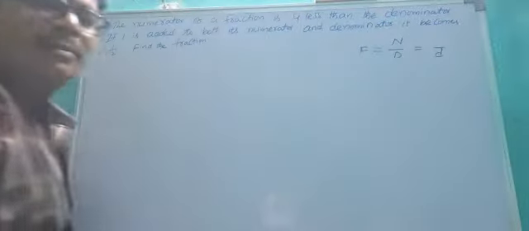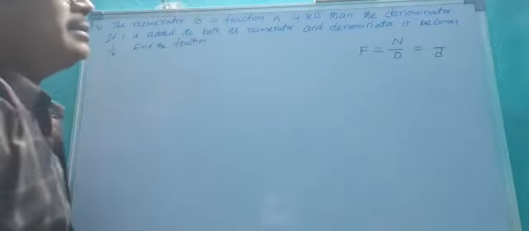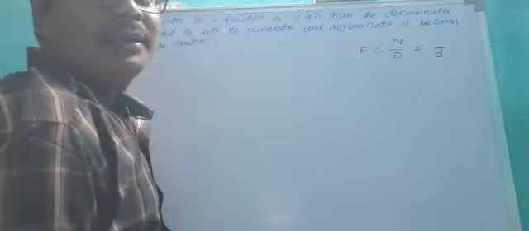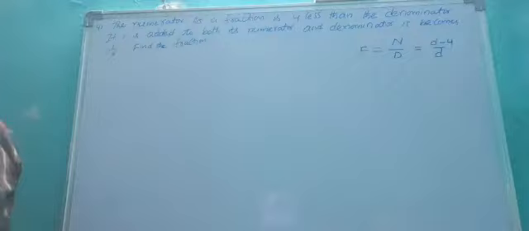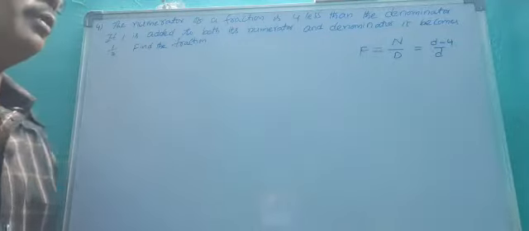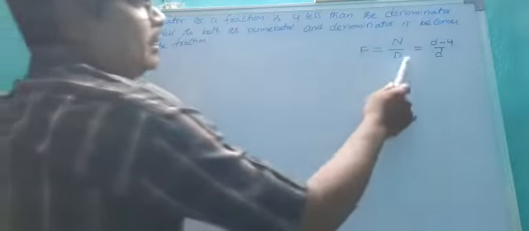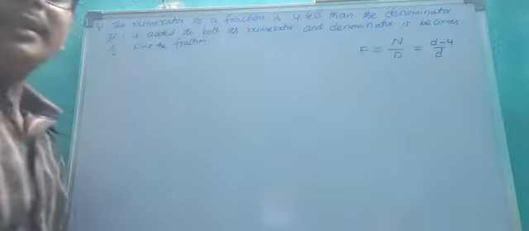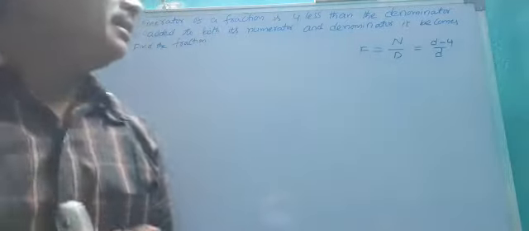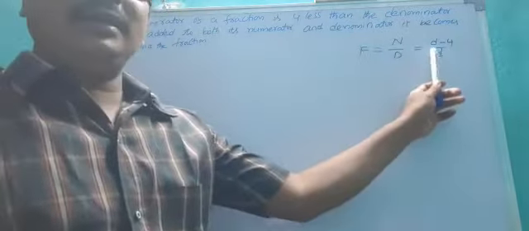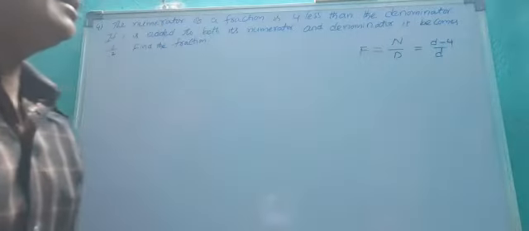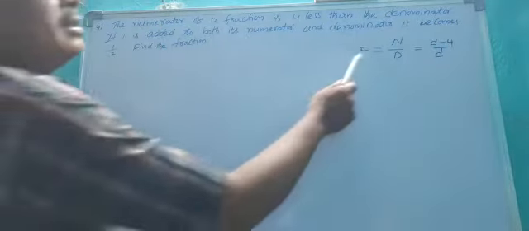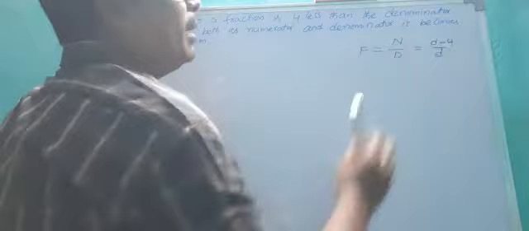The numerator is 4 less than the denominator, that means d minus 4. So we don't know the numerator and denominator. Let the denominator be d and the numerator be d minus 4. Now the fraction is equal to d minus 4 by d.